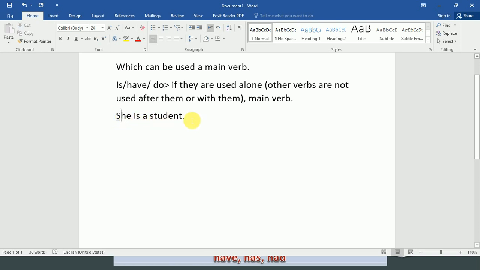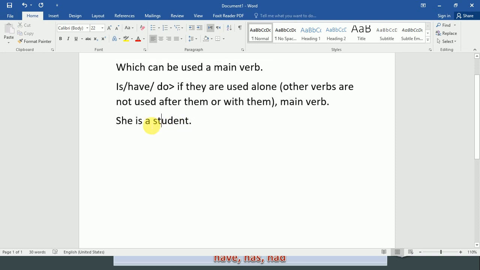Look at this example carefully. After is we do not have any other verb, so we consider it a main verb. Here the same is used as a main verb.